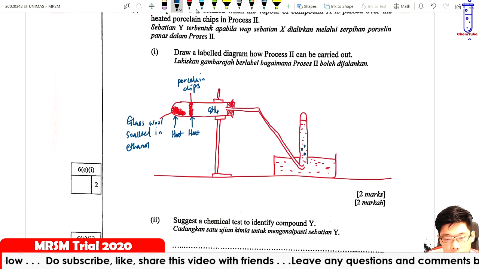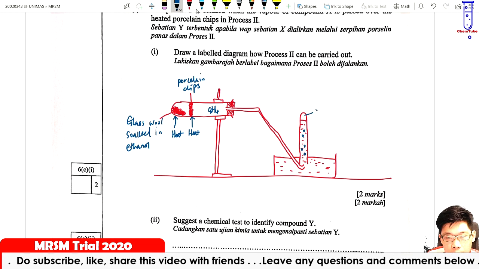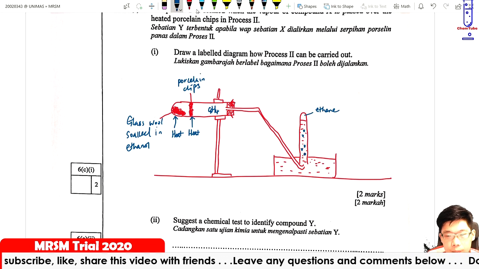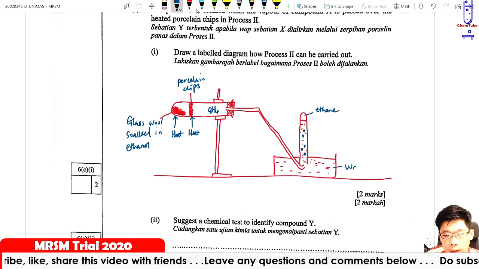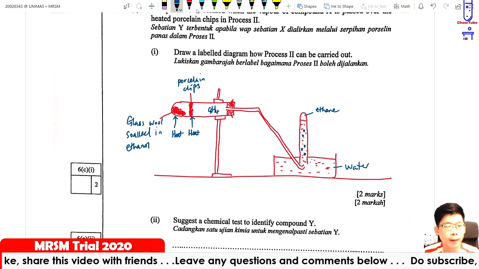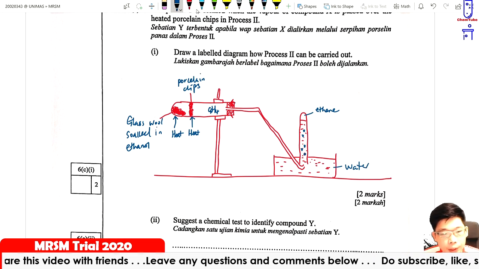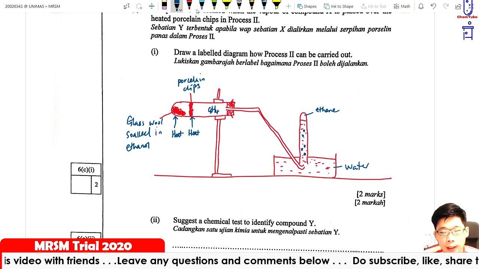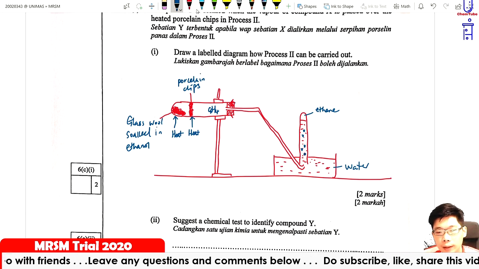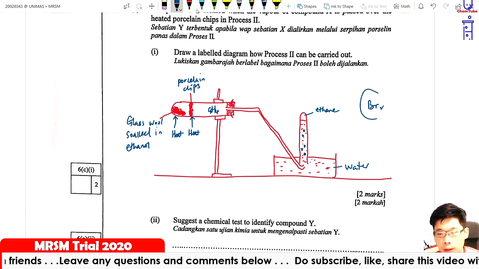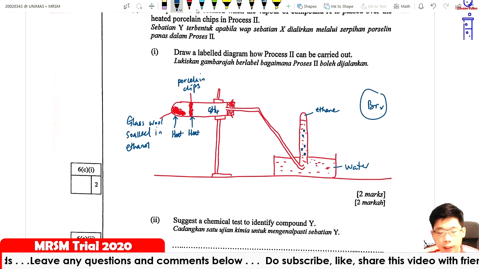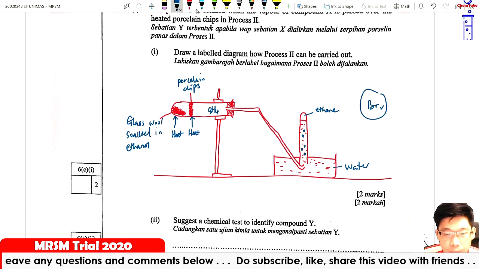Here will be ethene gas. This is water. Okay, so this is how we collect the ethene gas. Later on you can test with bromine water or acidified potassium manganate 7.